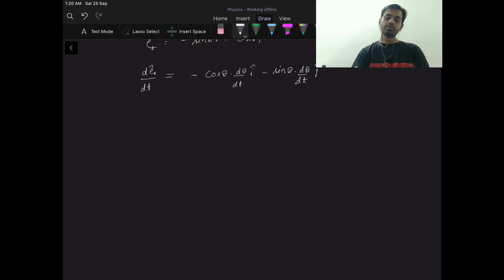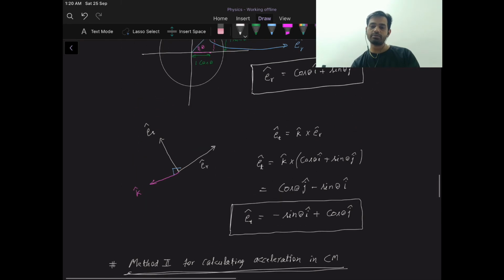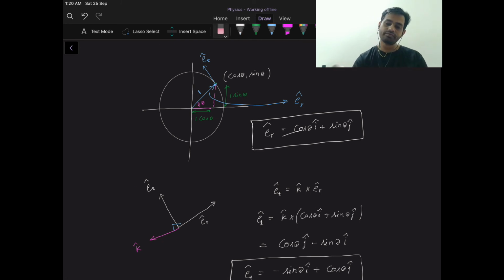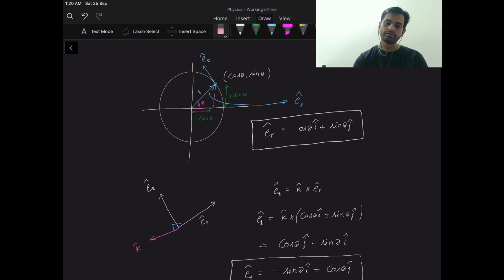So, what is this here? We can say that minus of omega into cos theta I cap plus sine theta j cap. What is this cos theta I cap plus sine theta j cap? It is ER cap.